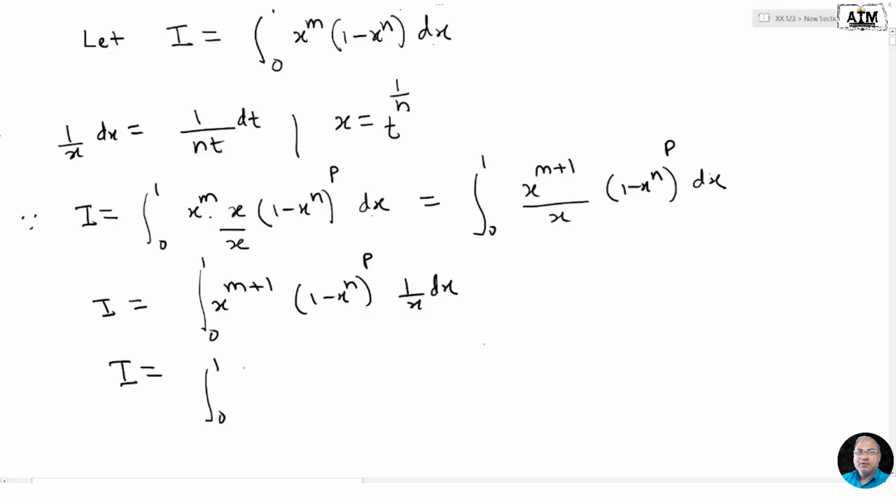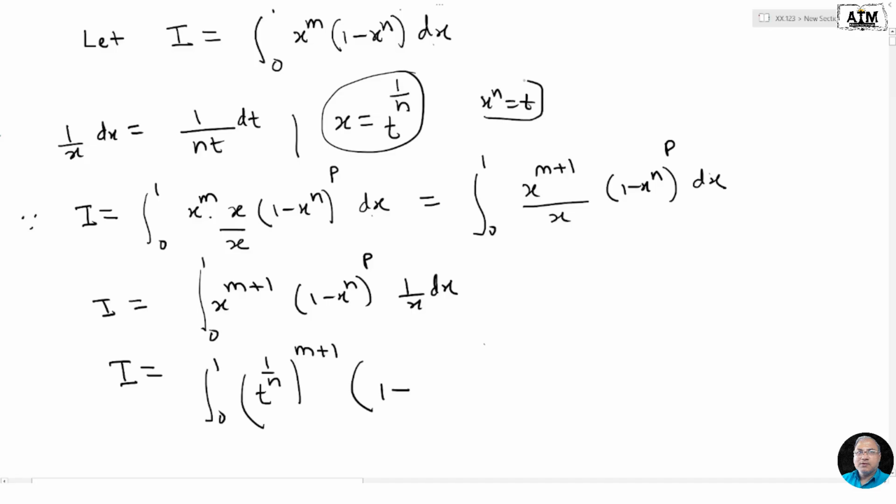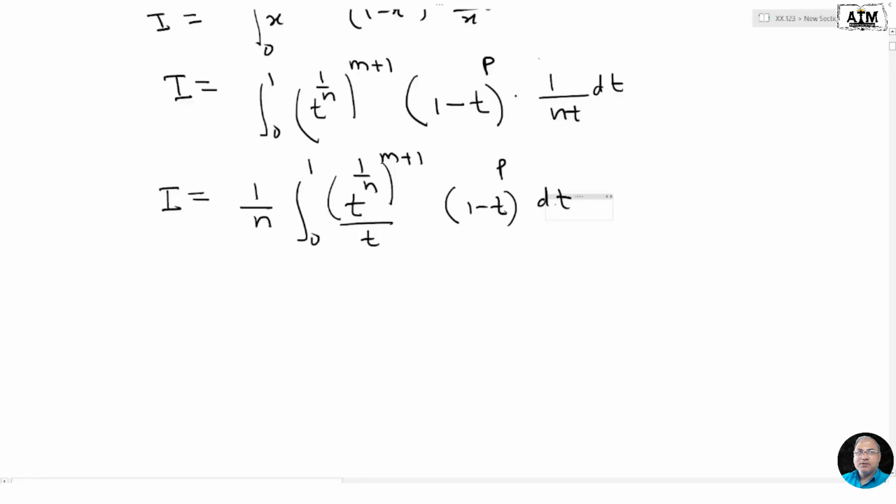And in place of x equals t raised to 1 upon n, so (t raised to 1 upon n) whole raised to m plus 1, and x raised to n equals t we already have, so here in place of x raised to n let us write t, whole raised to p, and in place of 1 upon x dx replacing it by 1 upon nt dt.